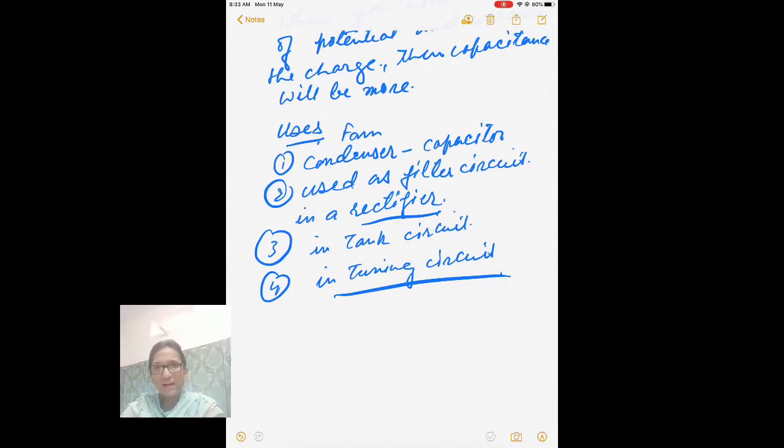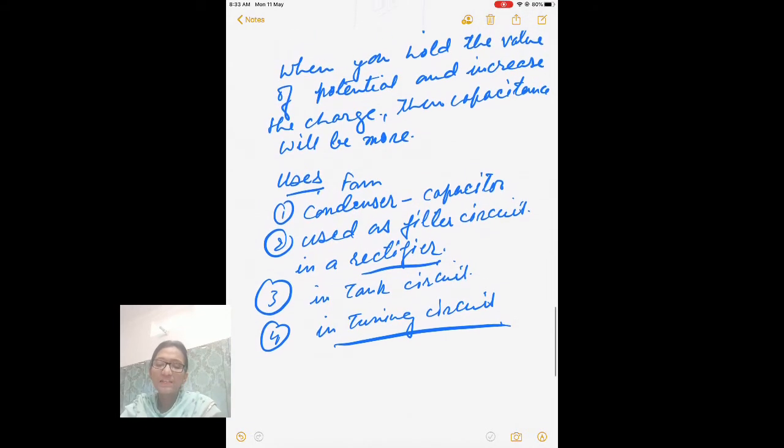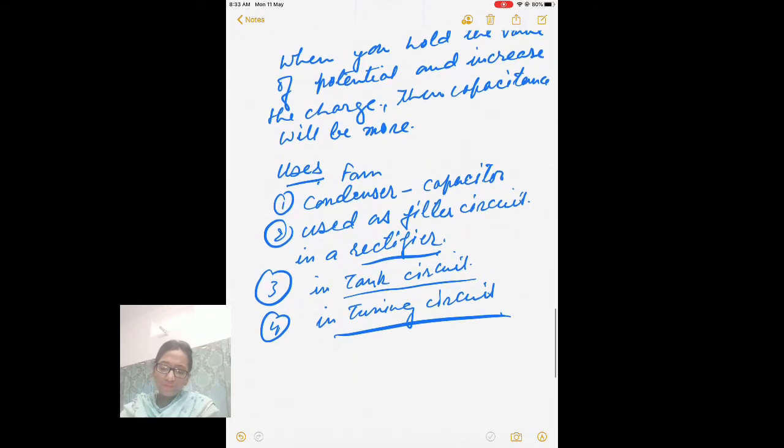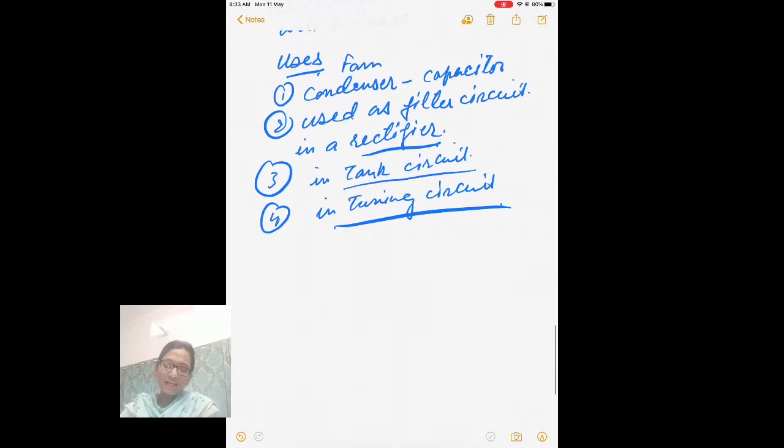While moving, we actually change the capacitance of a capacitor. So capacitors are also used in the tuning circuit in your radios. You have one more circuit that is called the tank circuit. We will be explaining it further. So these are its uses.